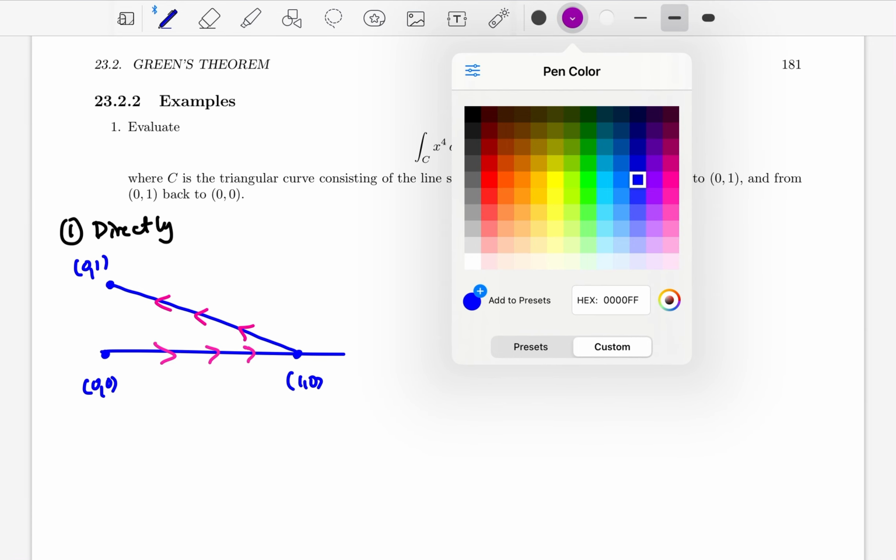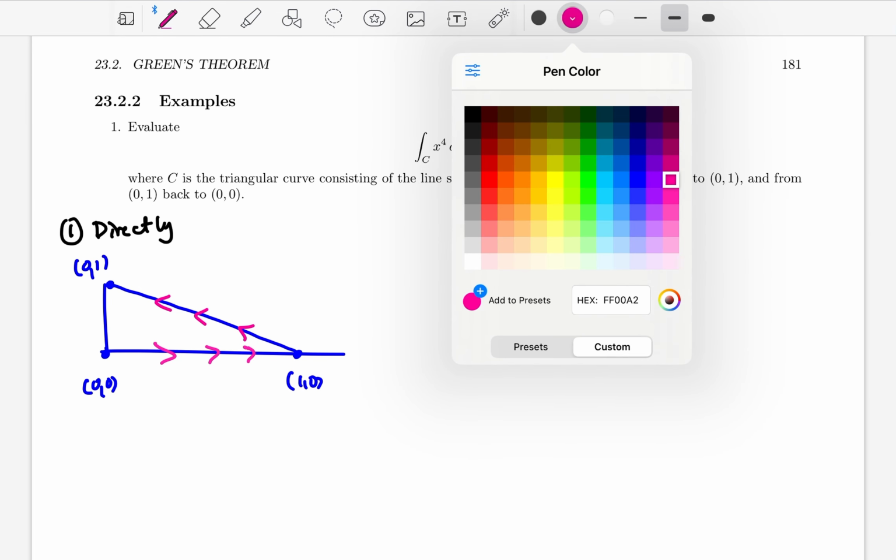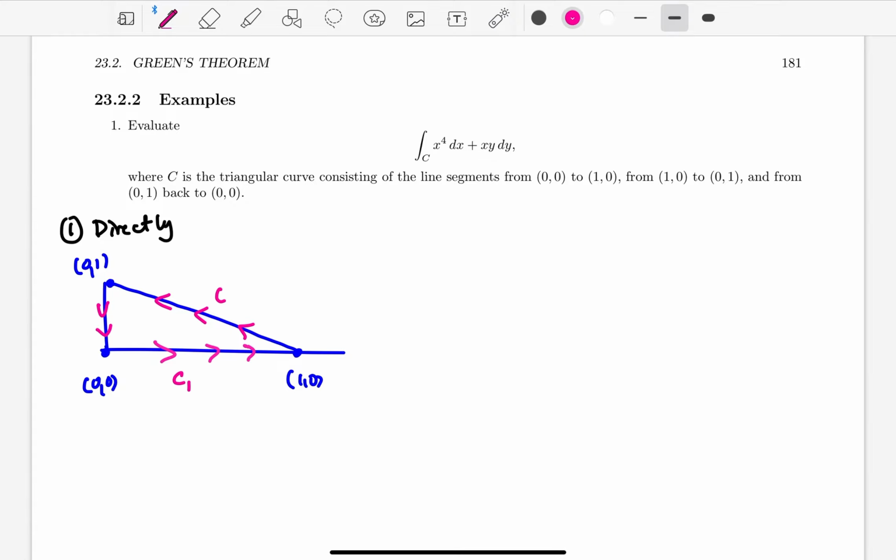Then it goes from 0, 1 to 0, 0, so it goes in this direction, okay? And then I'm going to say that this is C1, C2, and C3, and I have to parameterize each of them. So let's parameterize them.